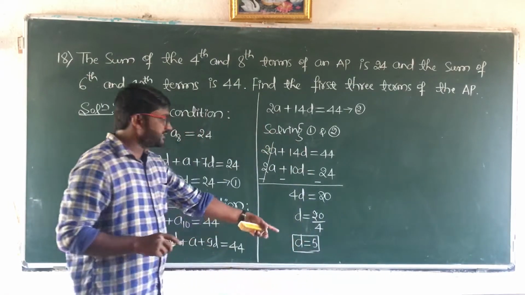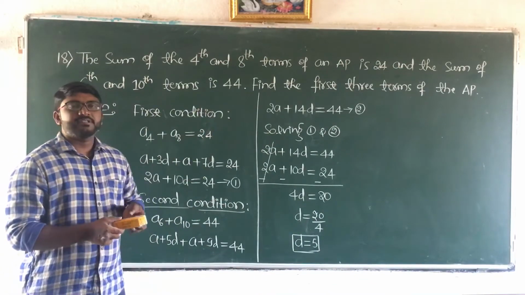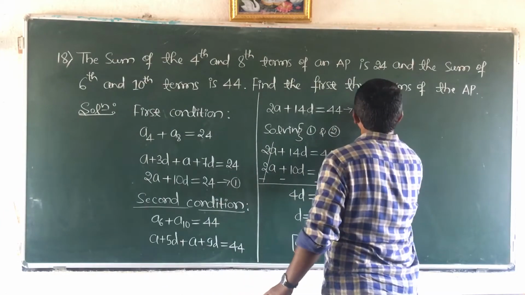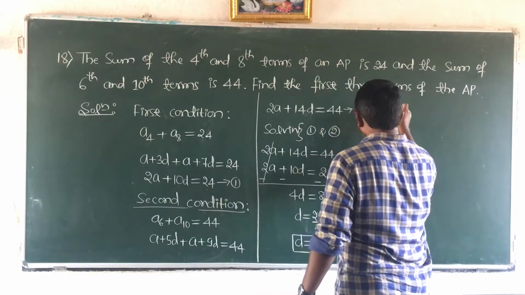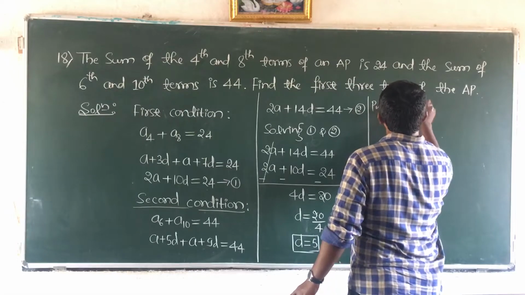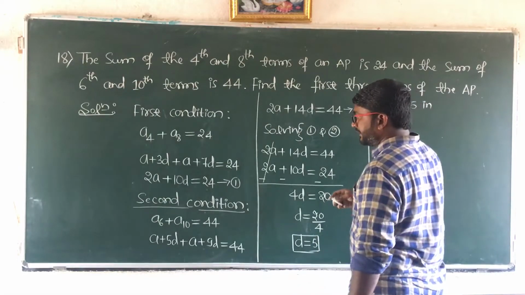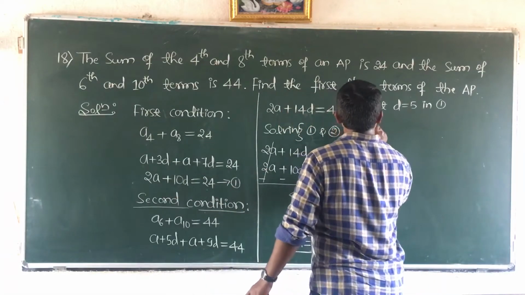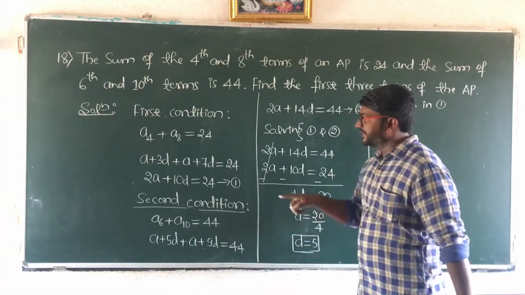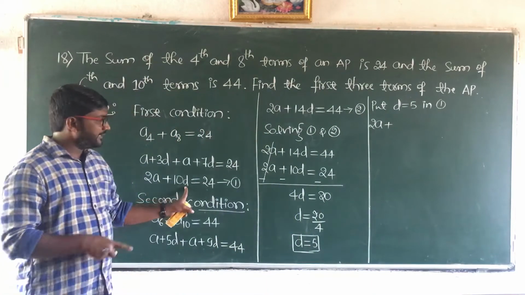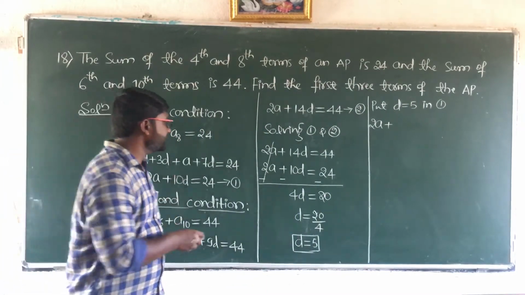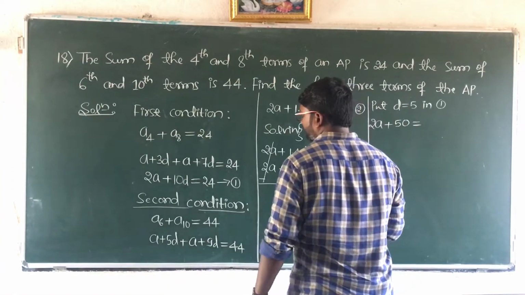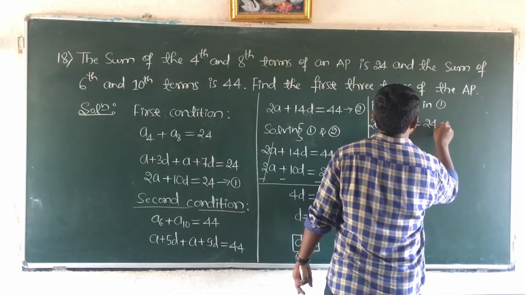Now substitute this value of D in any one of the equations so that we get the value of A. Put D is equal to 5 in equation number 1. 2A plus, in place of D I write 5, 10 into 5 is 50, is equal to 24.